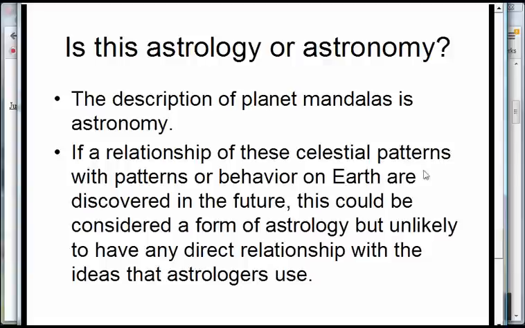So it's the kind of thing that Theodore Landscheid with cosmic cybernetics and areas that I work in use, forms of relationships of celestial activity with things on Earth using mathematical models and tools like this. And if a relationship is found, then we made a bridge. So I think astronomers should not be afraid of this. Maybe something will lead into it as long as astronomy continues to use good critical thinking skills, analysis, and validation.